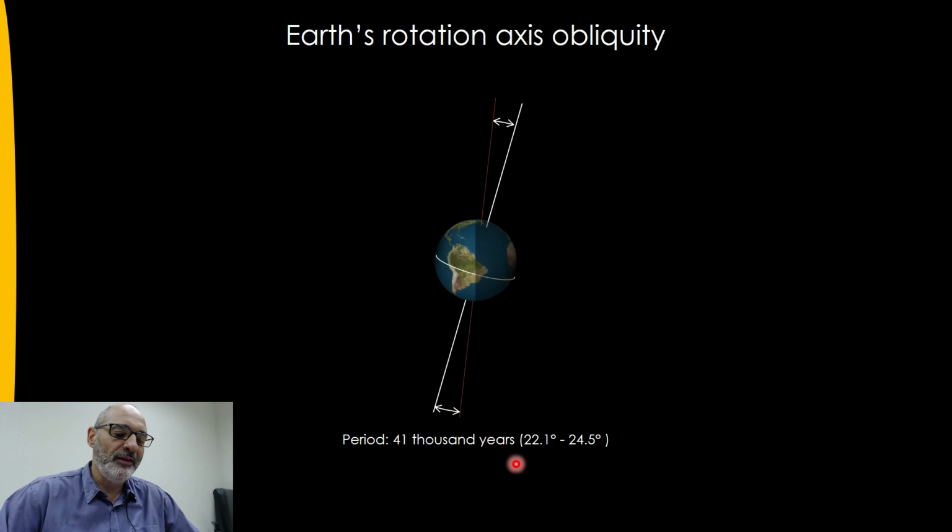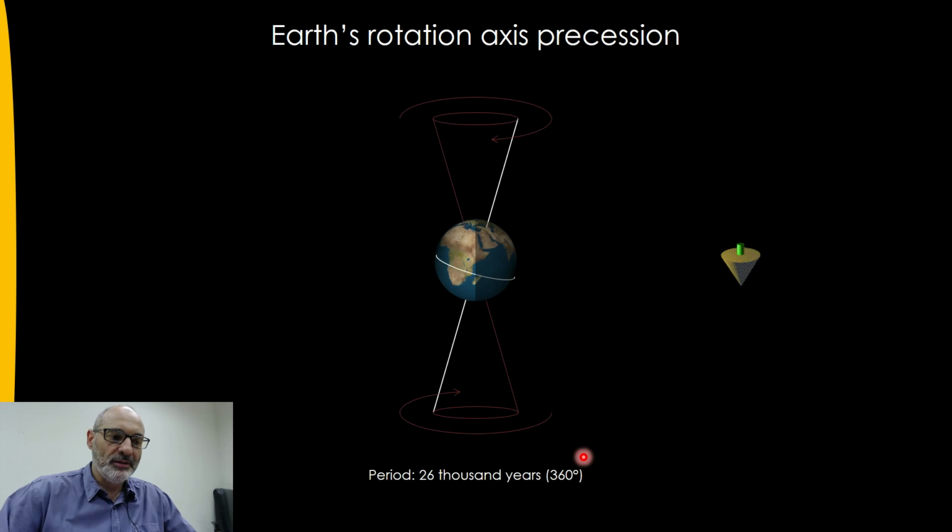The period here is 41,000 years, and it varies between 22.1 and 24.5 degrees. Also, the most famous one is Earth's precession, which is like a top here. That's the movement, and the period is 26,000 years for a single period.